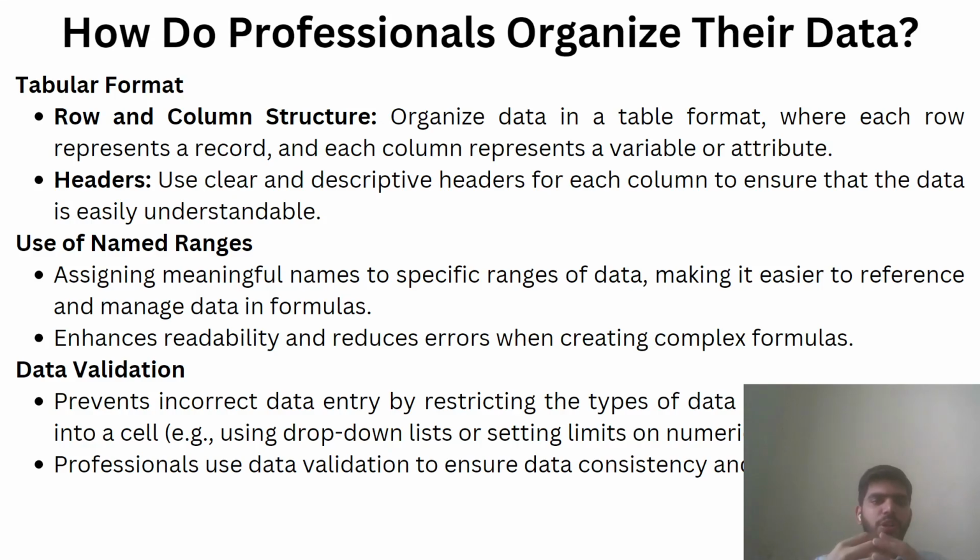A specific range of data is given a name so that when I'm writing a formula, if I want to access all the A grade students, I would simply choose where the grade is A instead of going to choose the marks. It enhances readability and reduces errors when creating complex formulas.